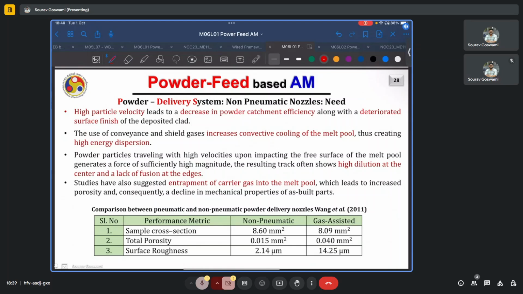Powder particles traveling with high velocities, upon impacting the free surface of the melt pool, generate a force of sufficiently high magnitude, and the resulting track often shows high dilution in the center and a lack of fusion at the edges. Studies have also suggested that the entrapment of carrier gas into the melt pool leads to increased porosity and consequently a decline in mechanical properties of as-built parts. This is also something we discussed during the problem-solving exercise last week.